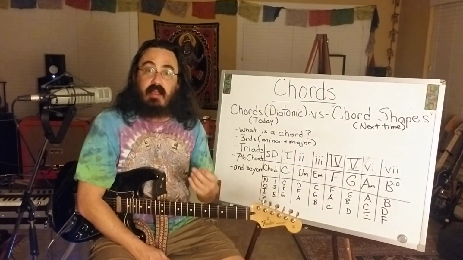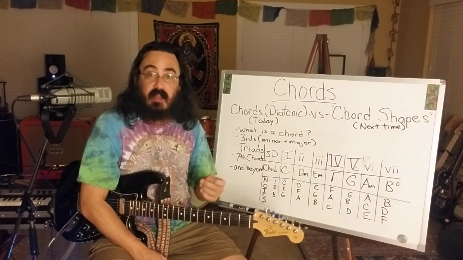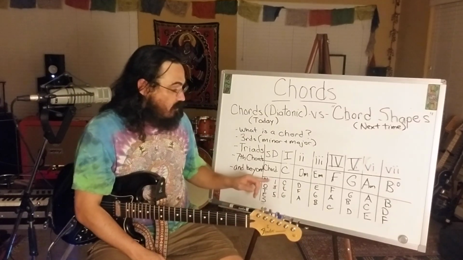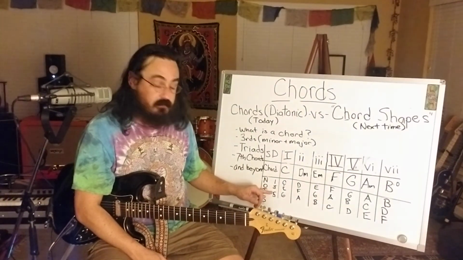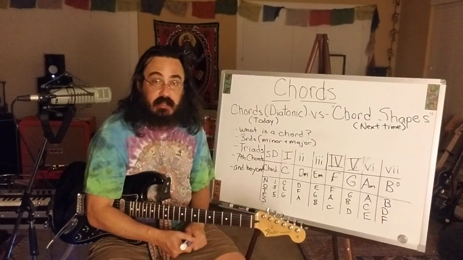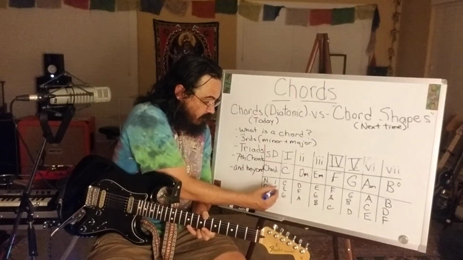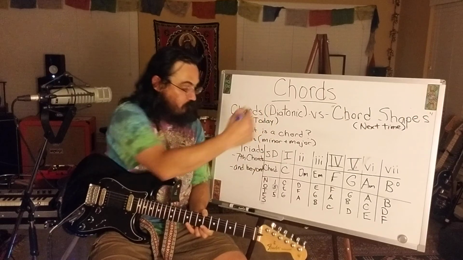So the spelling of a triad, if the major scale is 1 through 7, the spelling of a triad is 1, 3, 5. Okay, I should actually put a little star on this 3, you know what, I'm just going to circle it because that's probably easier right now.